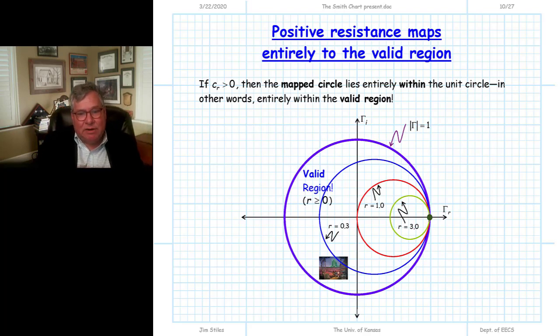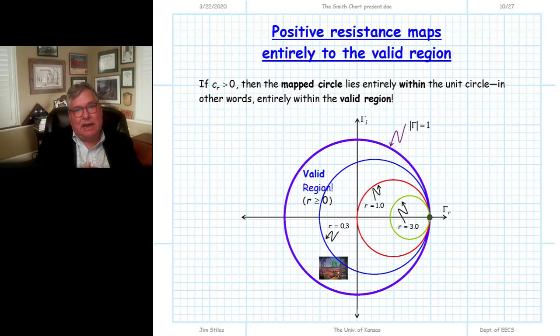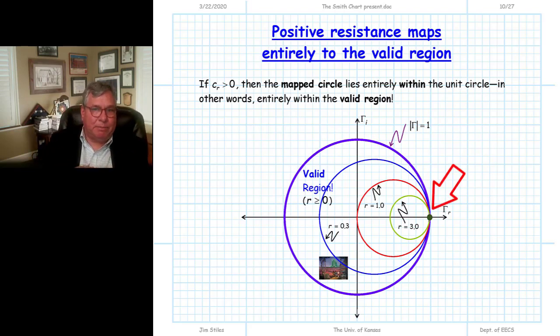Now, notice every single one of these contours: r equal to 0, r equal to 0.3, r equal to 1, r equal to 3.0. All of them have a point on those circles that intersects the open circuit point on the complex gamma plane. And this is very important. We talked about this.